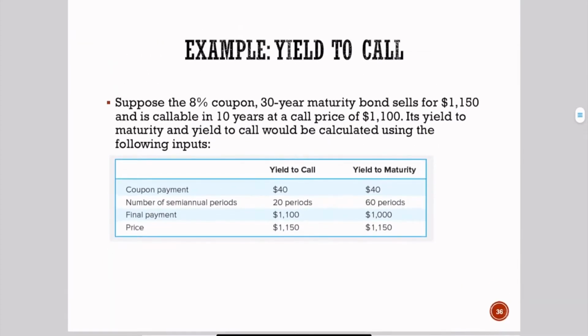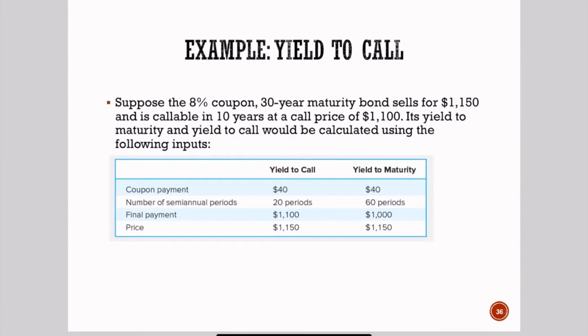Now let's use a simple example to clarify this definition. So let's say we have an 8% coupon rate, 30-year maturity bond, which is sold for $1,150, and it is callable in 10 years at a call price of $1,100.